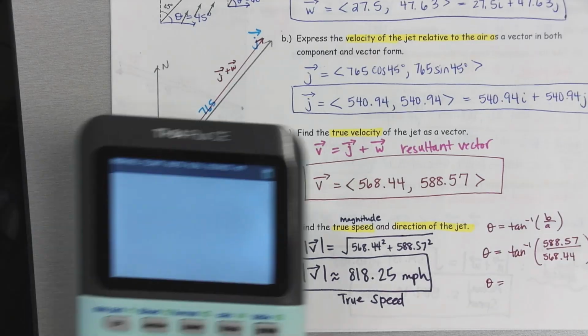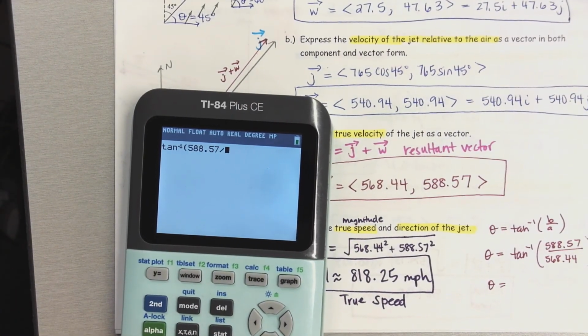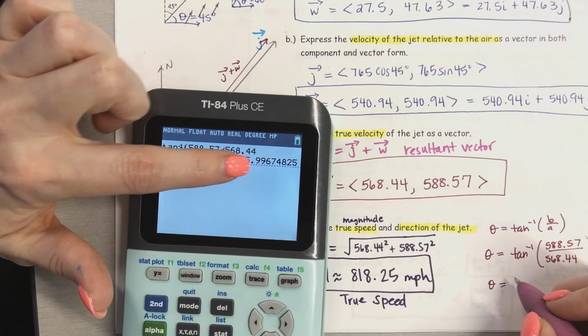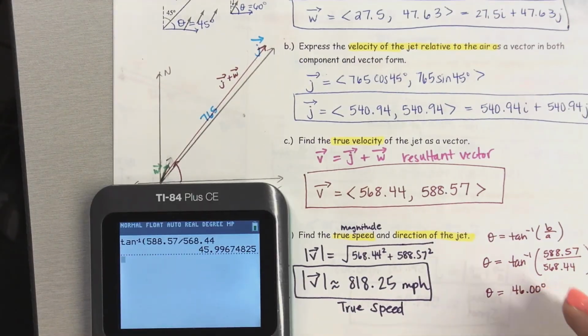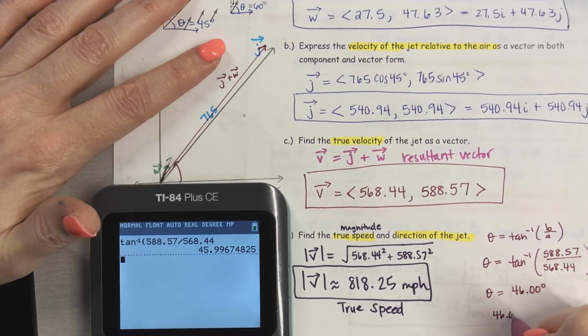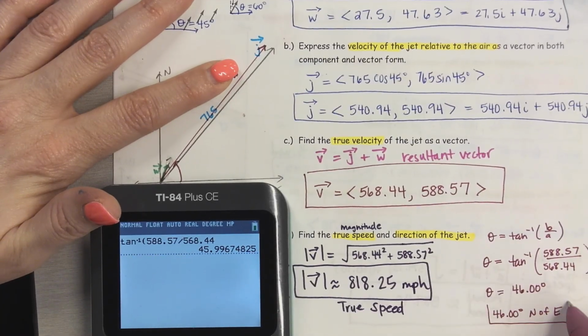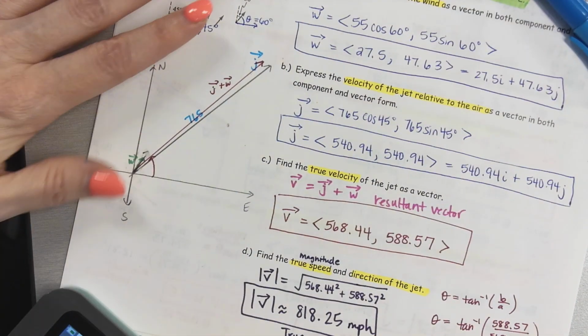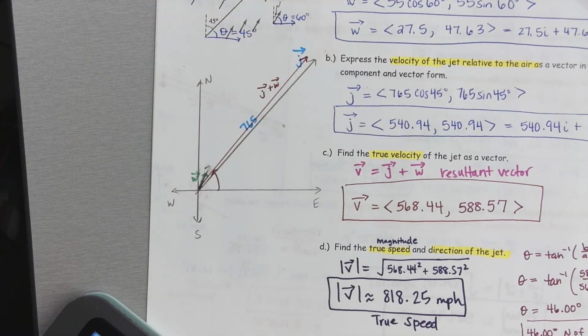When you calculate that, this is going to round to 46.00, and then you can write this as 46.00 degrees north of east, or if you want to write it as east 46 degrees north, you can also do that.